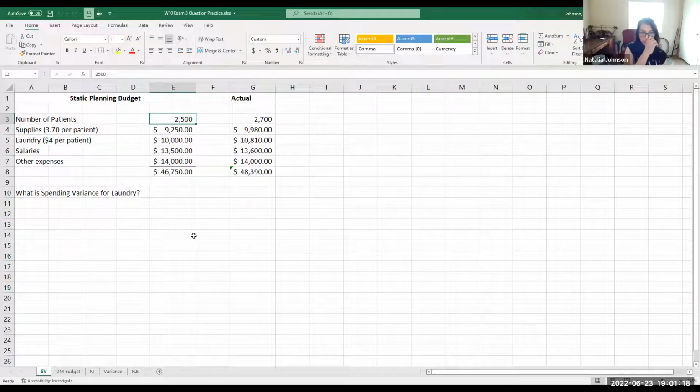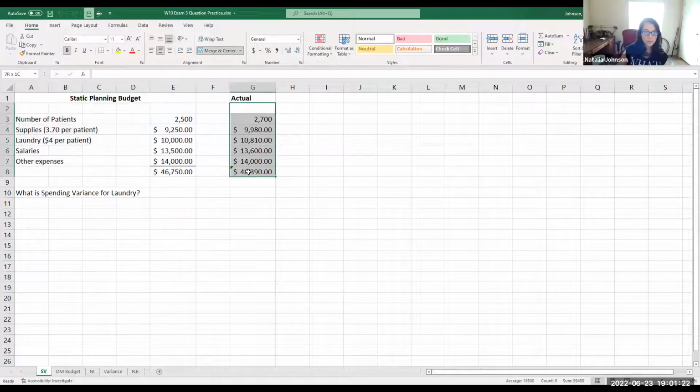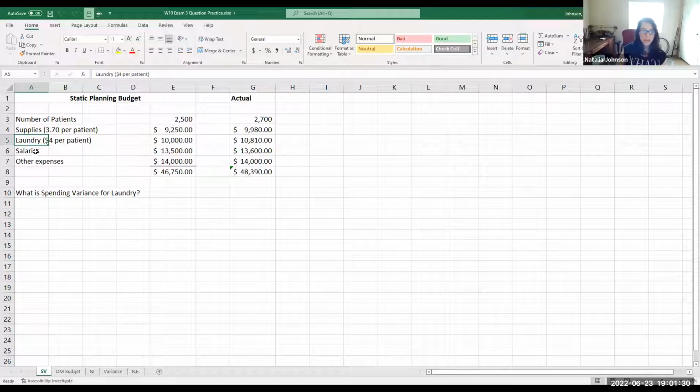They give you the budget and the actual, and supply and laundry are variable expenses, so they give you the variable cost per patient, and these two are fixed expenses. The question is, what is the spending variance for laundry? Then you can send me a private message with the answer.